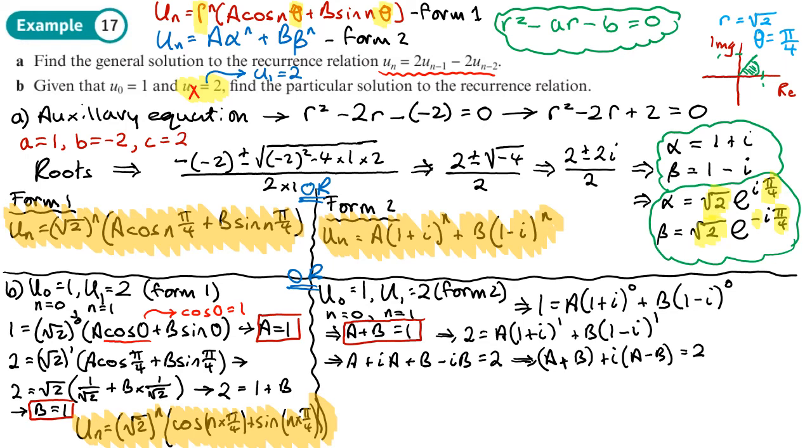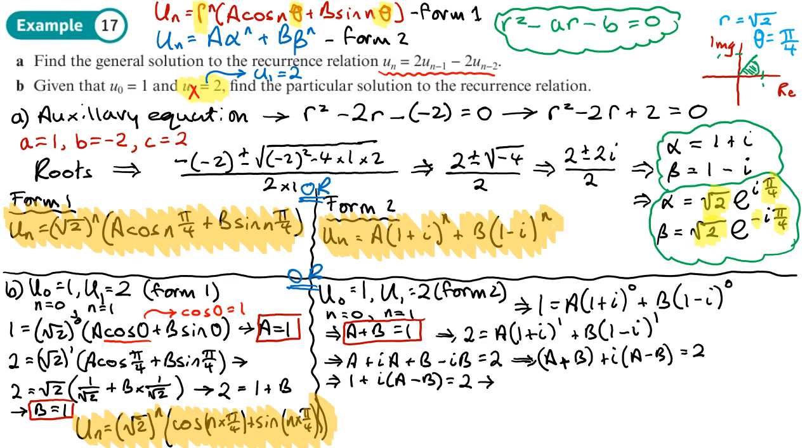So that makes things fairly straightforward, because then I can substitute this a plus b equals 1 here, so I can just put 1 here. So I end up with 1 plus a minus b times by i equals 2.